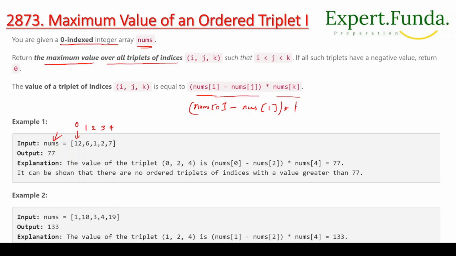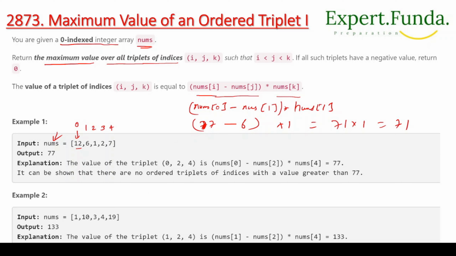So here it is 12 minus 6, into 1. It will come around 6 into 1 is 6. Similarly, if we calculate for another one, it will come 12, actually 12.